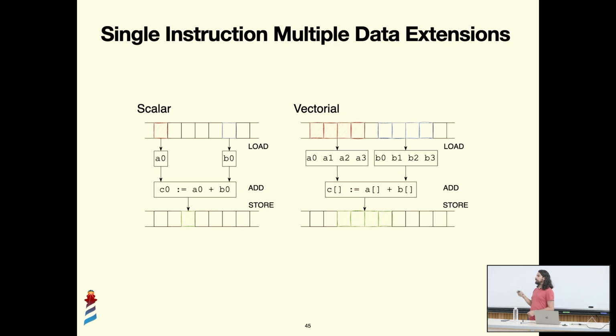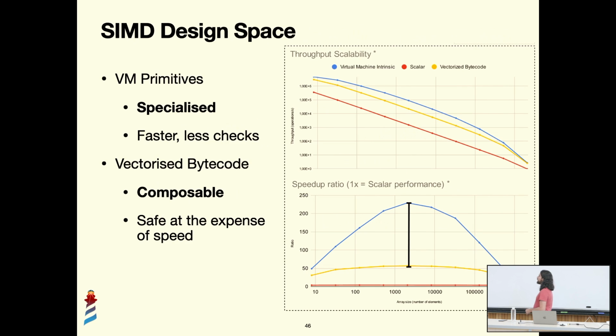But also it can help optimizing or speeding up stuff like object allocation. So he's working on extending Pharo to use these kinds of instructions. We are exploring the design space. Like for example, what happens if you use these instructions in primitives, or you expose a vectorized bytecode?